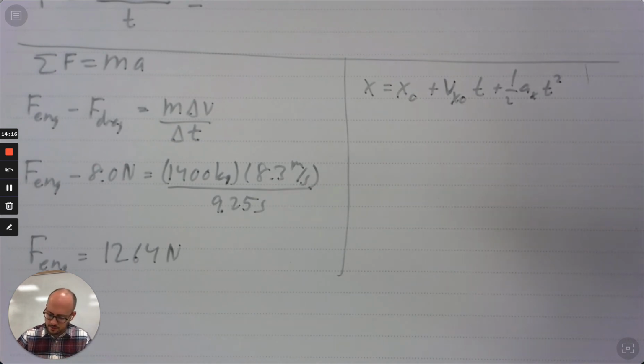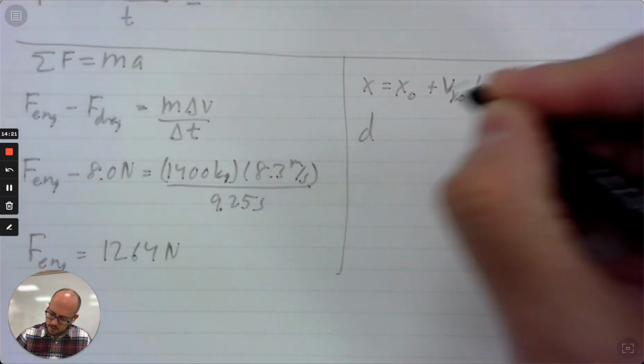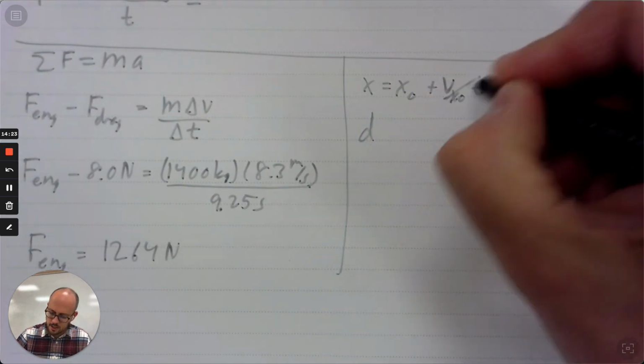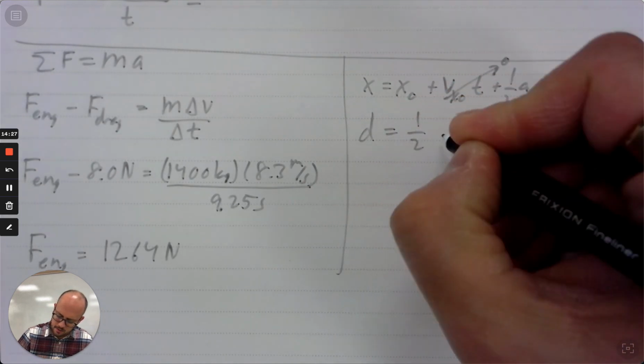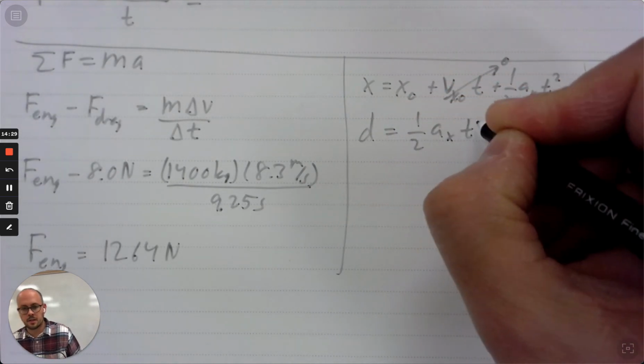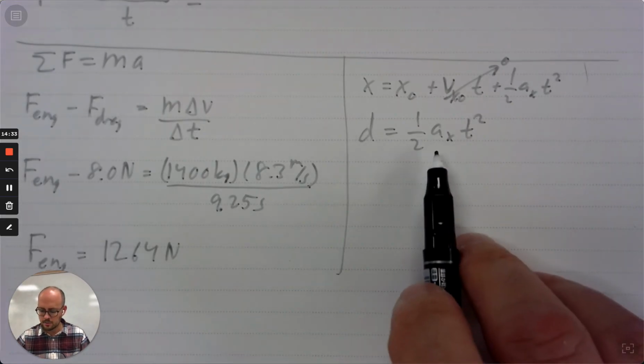So x and x naught, that's essentially d. The v naught times time is 0, so d equals 1/2 a t squared. And so I'm going to find that acceleration right now, inside this equation.